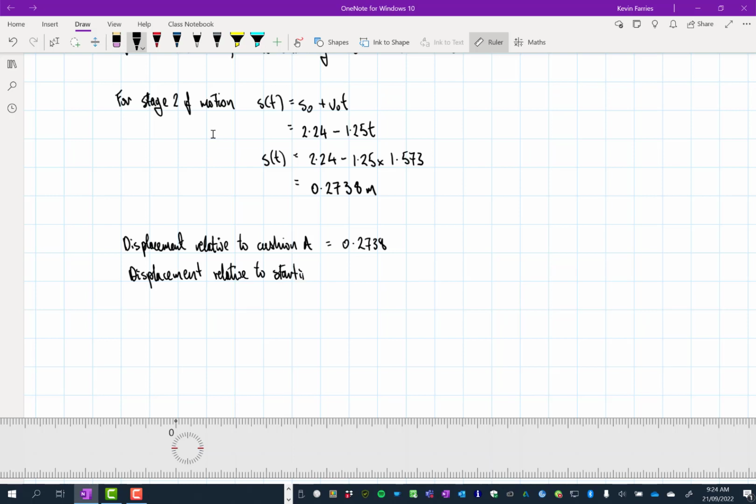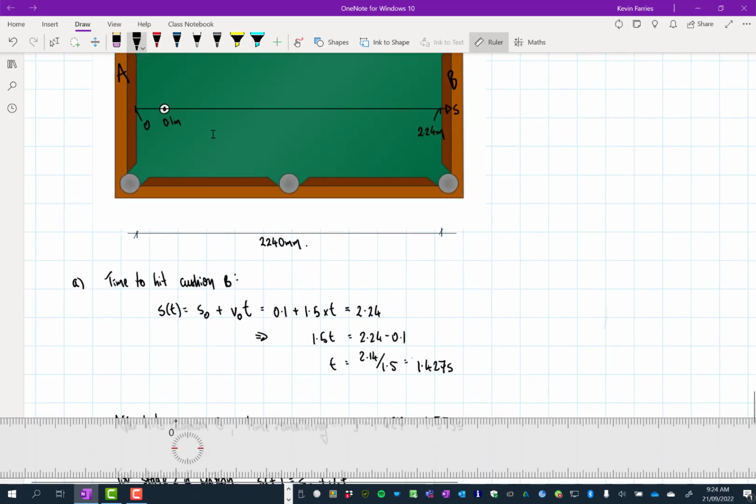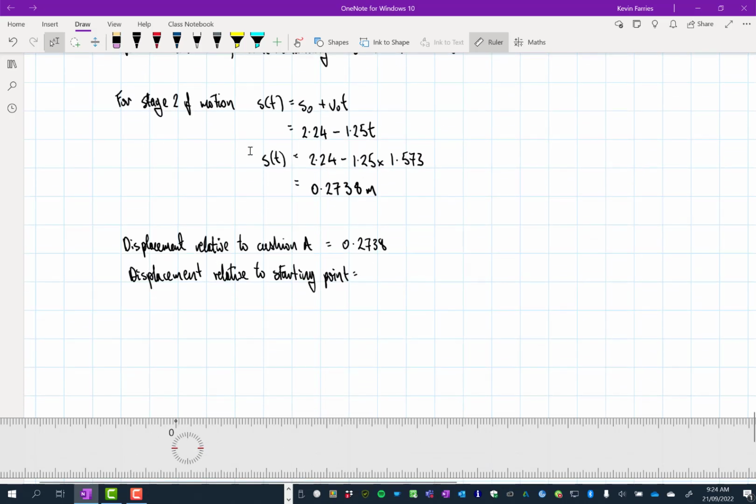is going to be equal to, well, the starting point was 0.1 meters from A, the ball's ended up 0.2738 meters from A, so it's going to be 0.2738 minus 0.1, which is 0.174, say, meters.